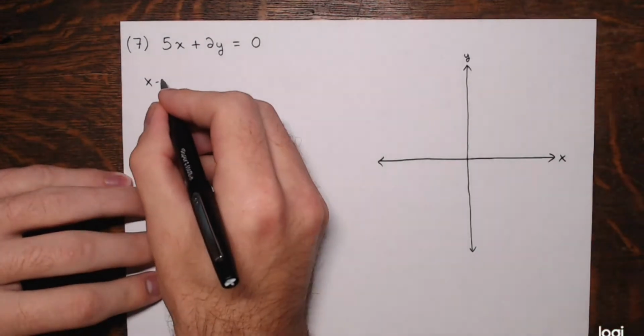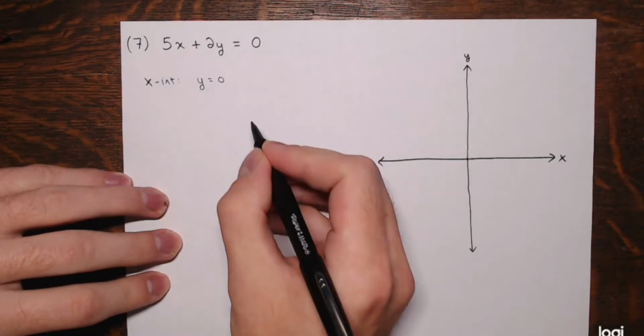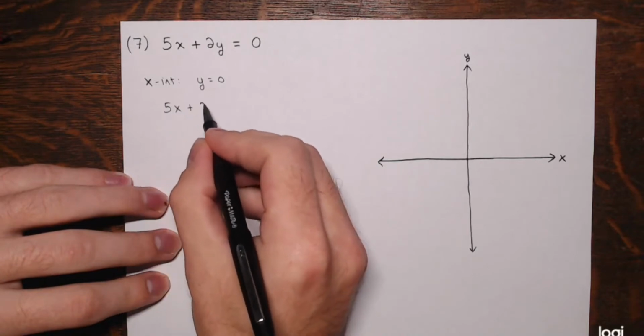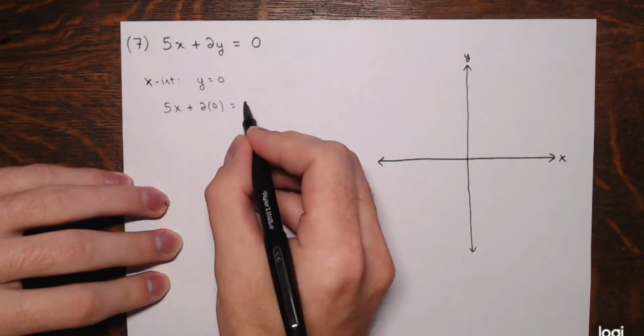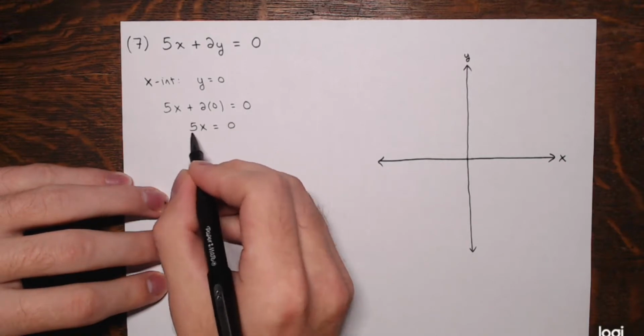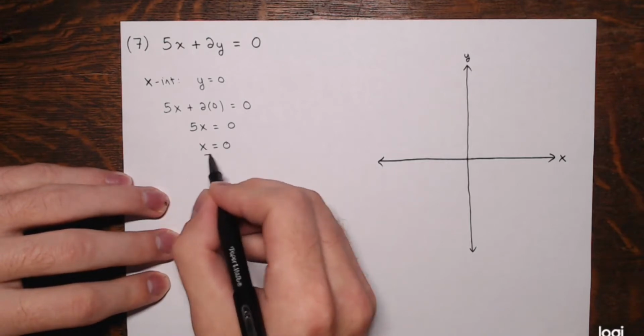So for the x-intercept, right, x-int, I'm replacing y with 0. And so we have 5 times x plus 2 times 0 equals 0. That's just 5 times x equals 0, dividing by 5. 0 divided by any non-zero number is 0, right? 5 times 0 is 0.